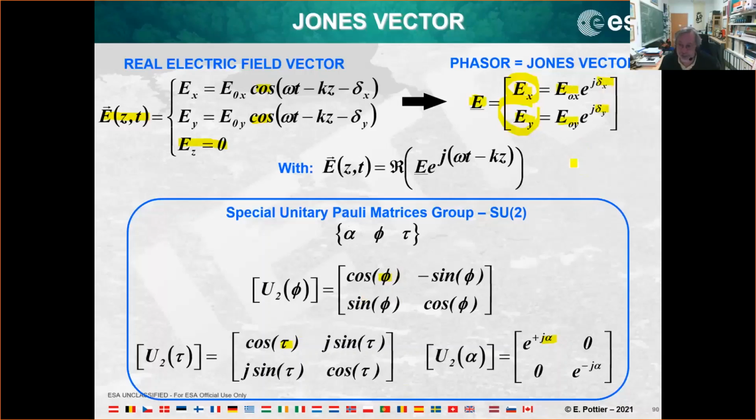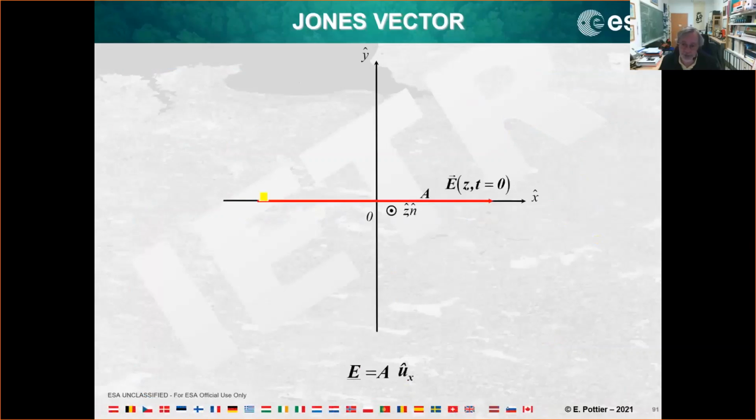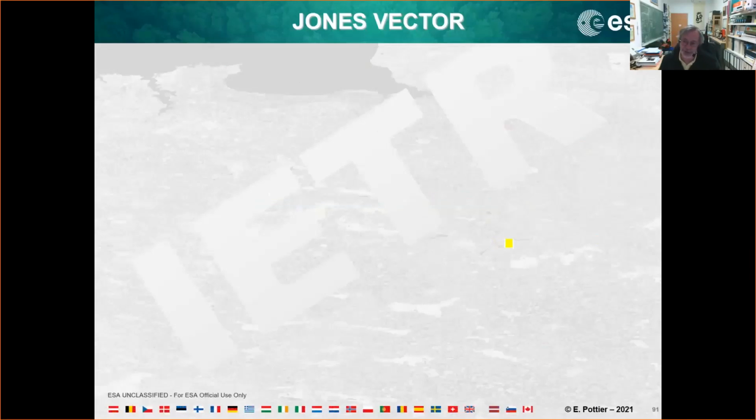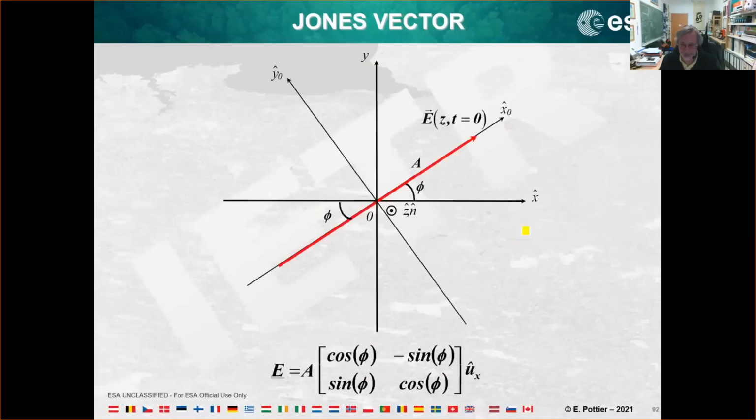So to illustrate the correspondence, we are going to start with a horizontal wave, which is described only by a horizontal vector. Then I'm going to apply a simple rotation along the z-axis, which is defined here. In such a case, I shall have an oriented Jones vector, but my ellipse is still aligned.